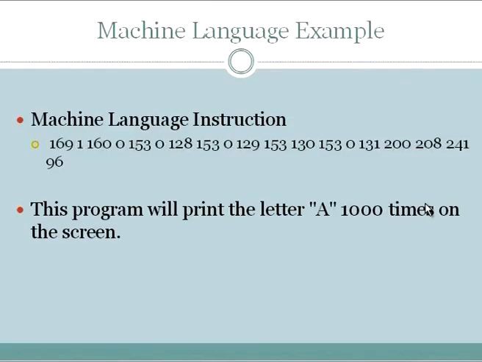Machine language is composed of the instructions given in digit form. The example on the computer screen shows some statements. This is a simple program coded in the machine language, and this example is aimed to display the letter A 1000 times on the computer screen.